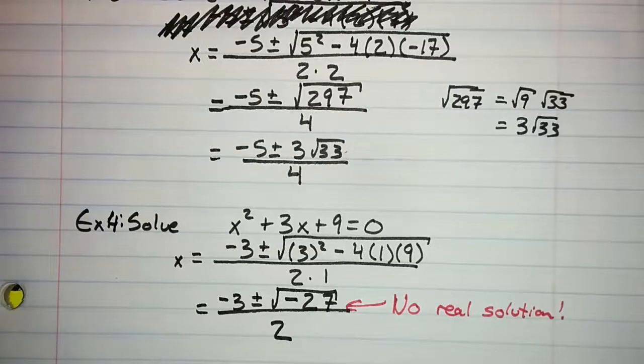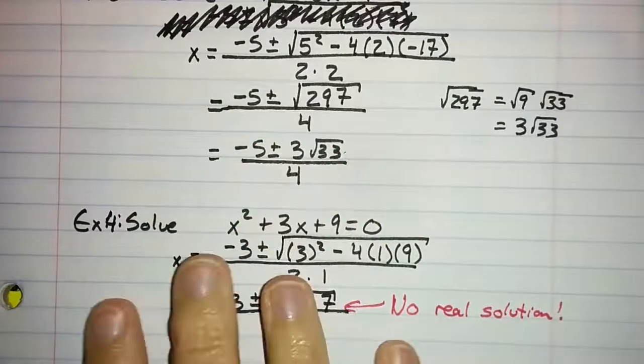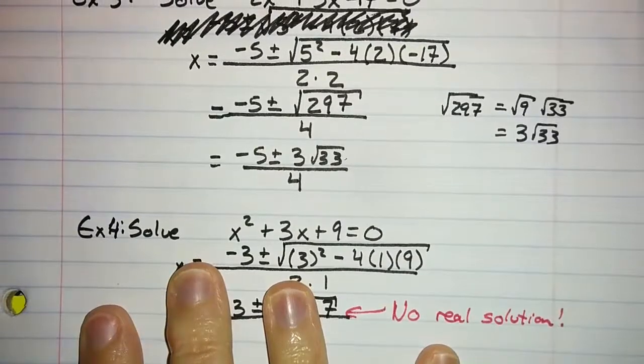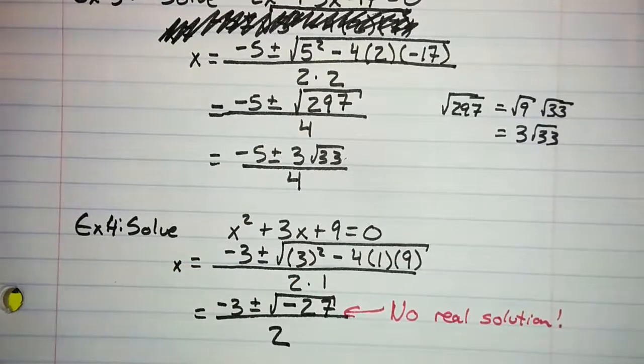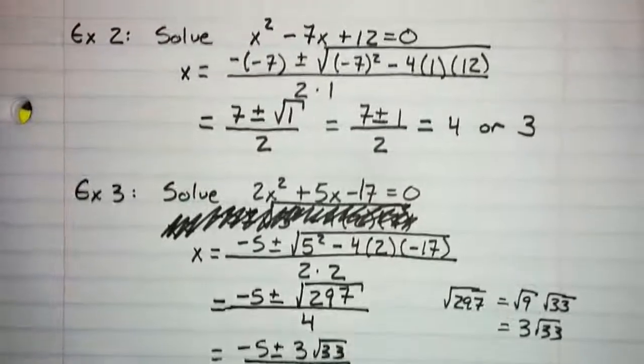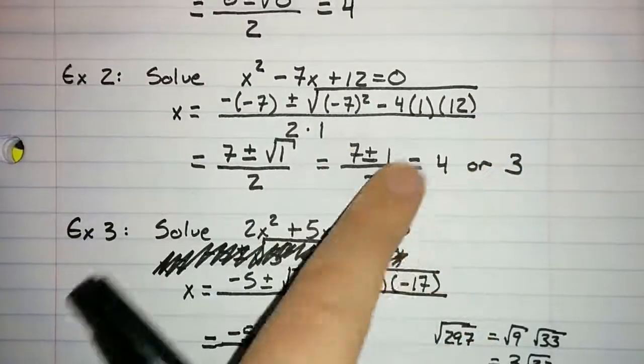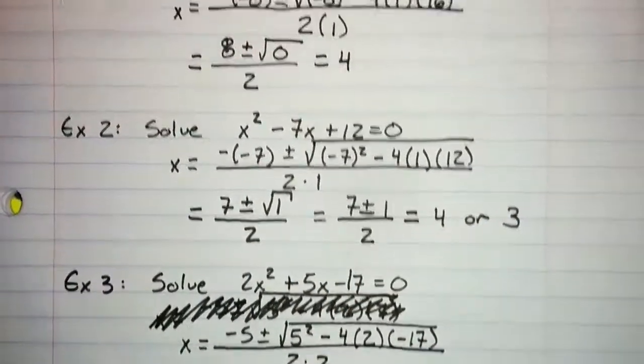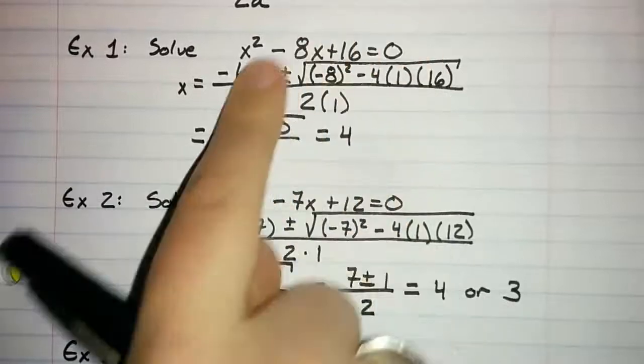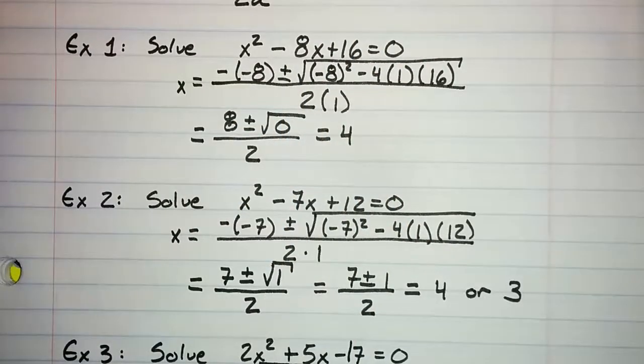So those were 4 different things that could happen. I had no real solutions at all. I had 2 real solutions and they were irrational. They had a square root that I was stuck with. I had 2 real solutions and they were rational. Or I only had 1 real solution.